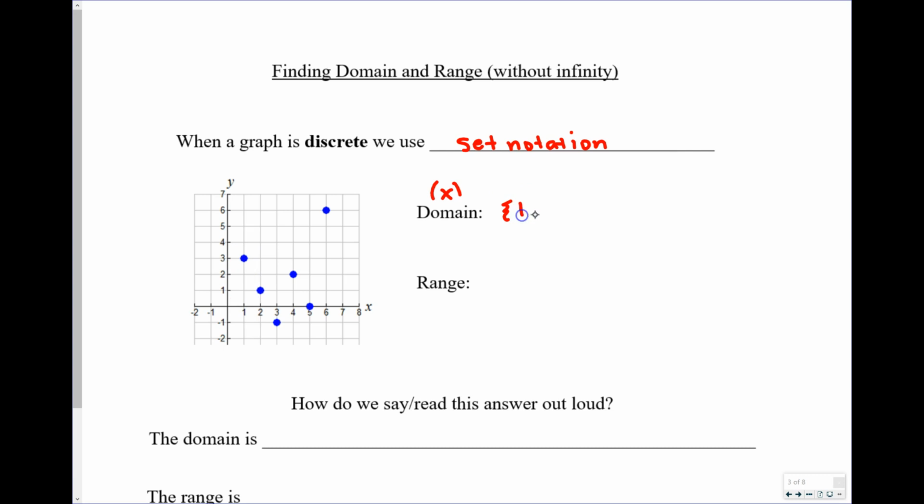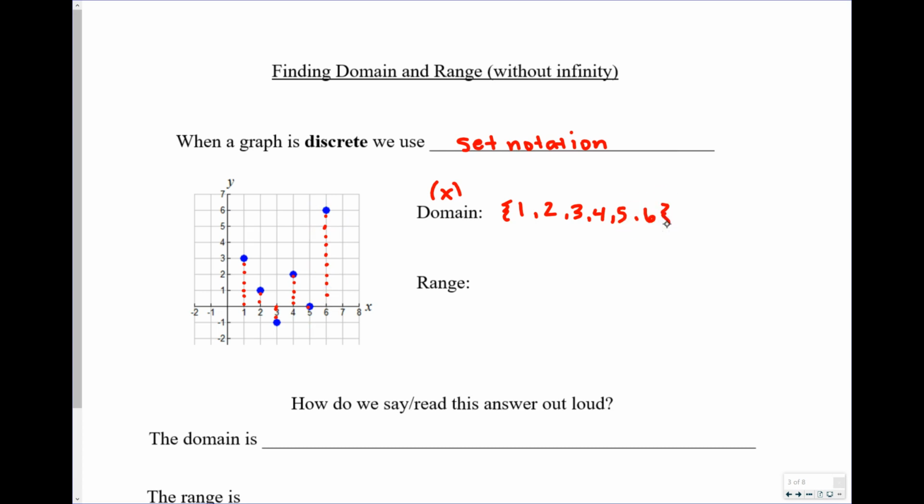So I've got 1 as my first. Then I have 2. This third point, the x value is 3. The fourth x value is 4. All I'm doing is taking that point and seeing where it lines up with the x. That's how I'm visualizing this. Then I see 4. That right there is on the 5. And then this guy right here is all the way on the 6.